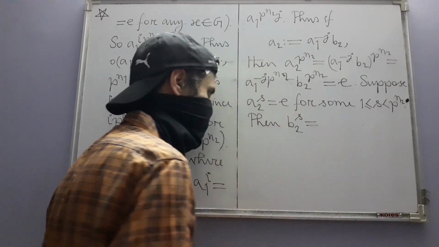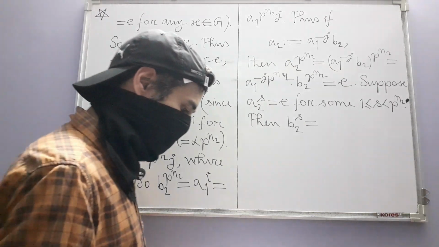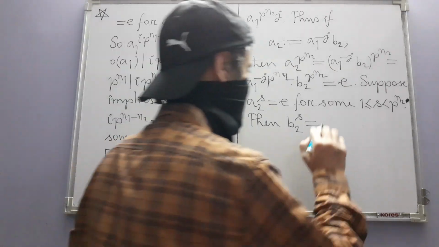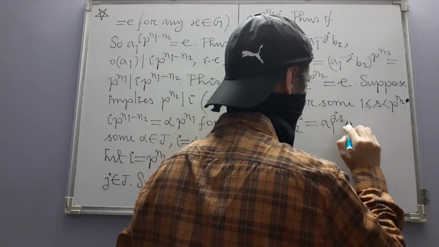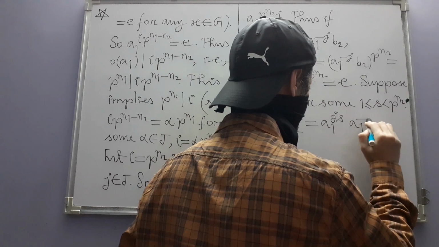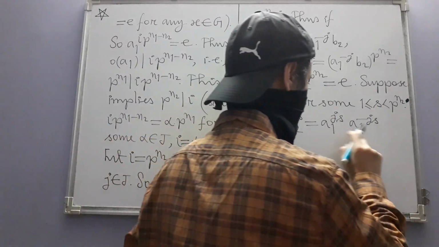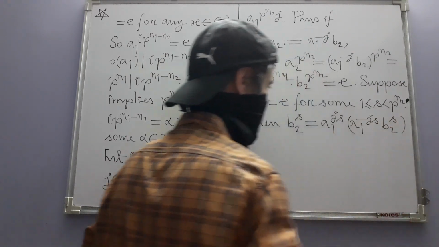what happens to b2 to the power s? In place of b2 to the power s, you can write a1 to the power js times a1 to the power minus js times b2 to the power s, which gives us identity.